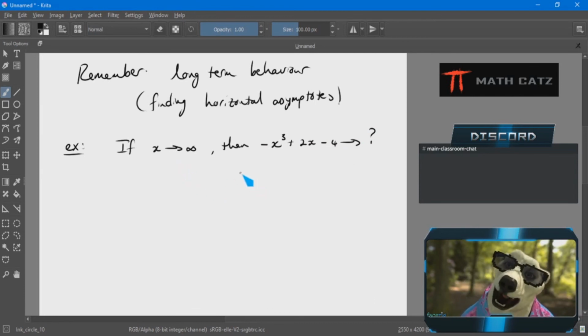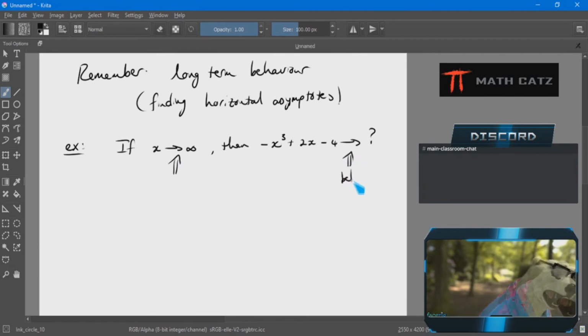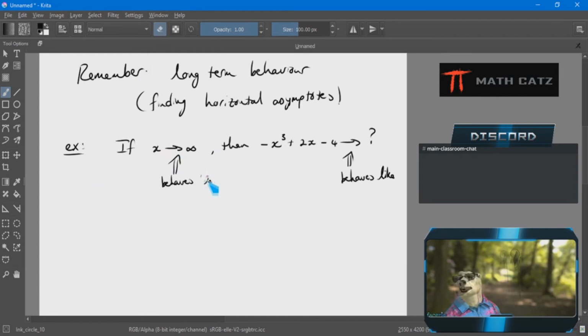So now I'm looking for how this function behaves, as x behaves a certain way. Not behaves like necessarily the word like, but it behaves in a way that it's growing. So this arrow indicates behavior. x is growing indefinitely.